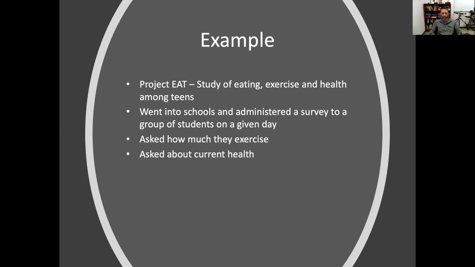Every student who was in that class on that day got asked a series of questions about how they exercise, what drugs they do, what their current health is like, how much they weigh, all these sorts of questions. And then we would look at the association between, for instance, the diet that somebody's eating and their BMI on that day. So the idea is that we only collect information on one specific day.